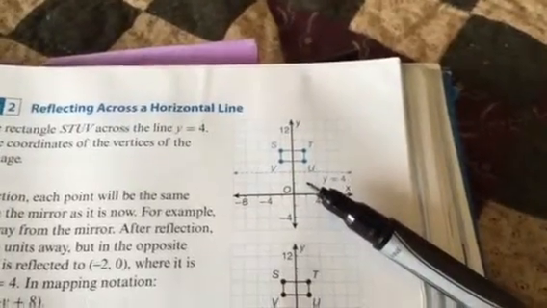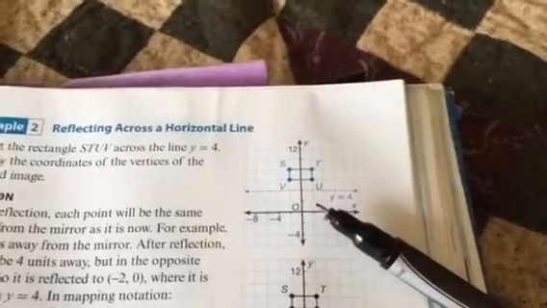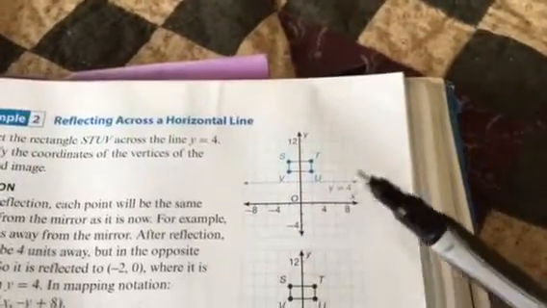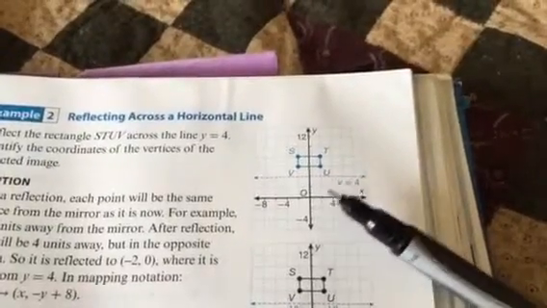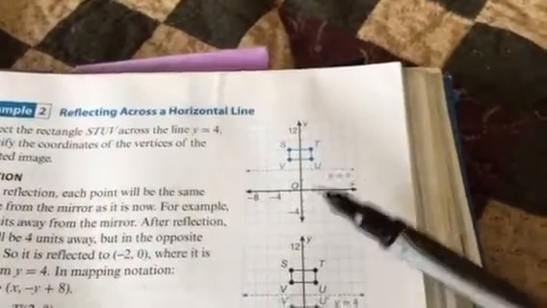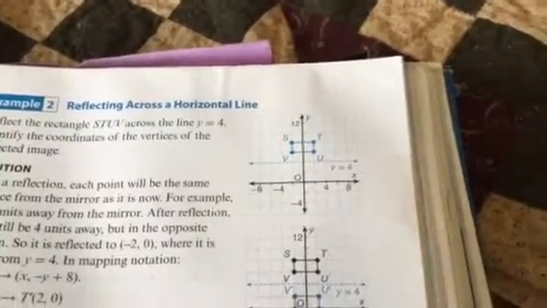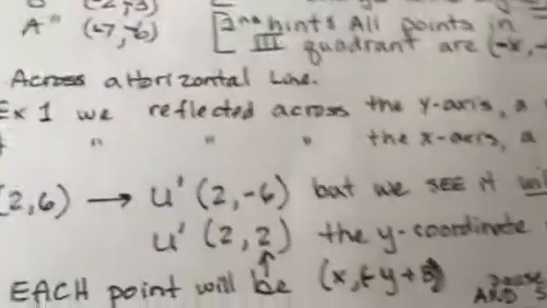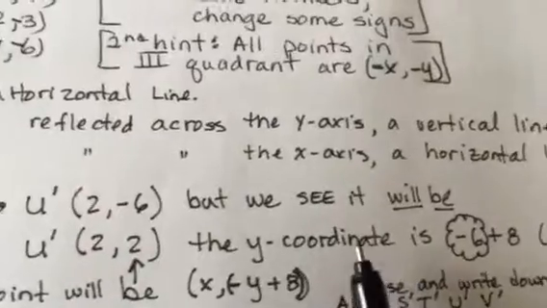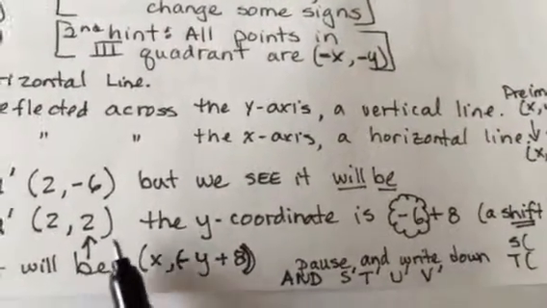Well, how can we write an equation or have a formula for figuring that out? Well, let's first remember that to reflect across this axis down here, the x-axis, it would be (2, minus 6). So let's start with that, and we will come back. It would be (2, minus 6). But we saw that it needed to be (2, 2).